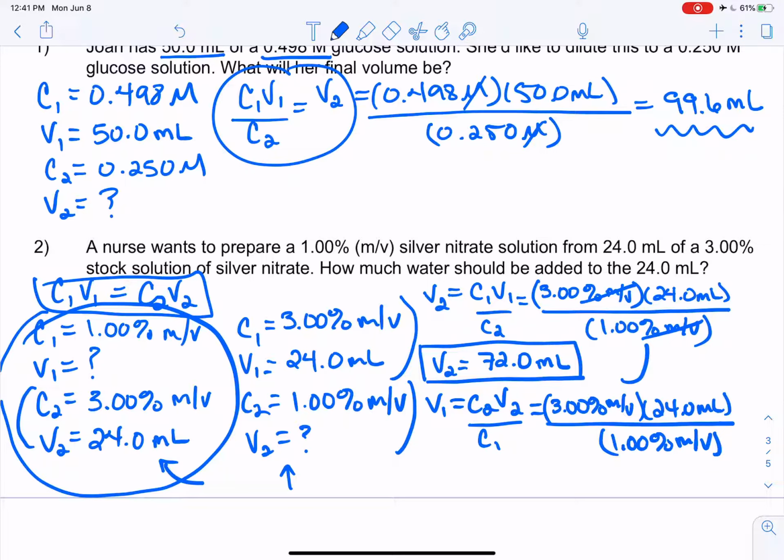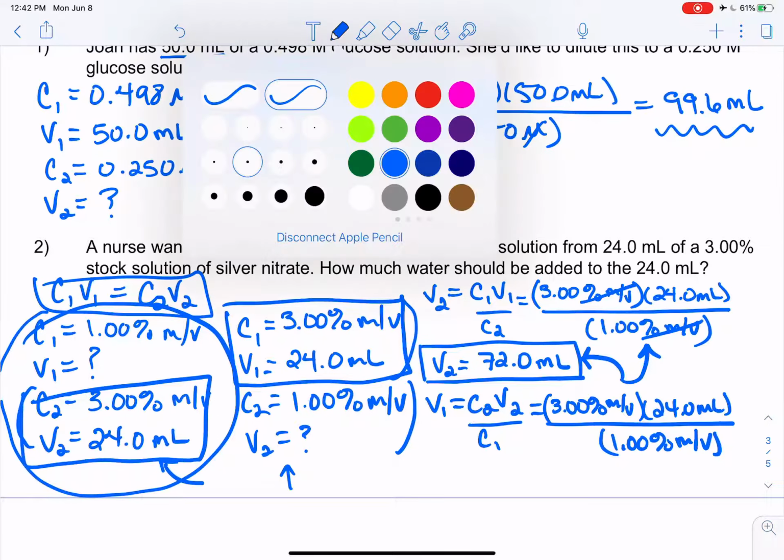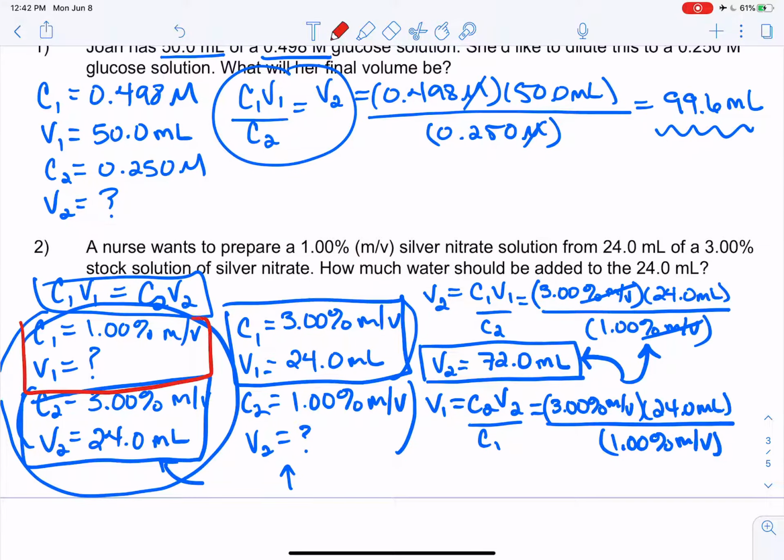You see that? It's exactly the same as that up there, and it's going to give us the exact same answer. So as long as you understand what you're doing and you keep the correct numbers together in sets, you're going to be fine.